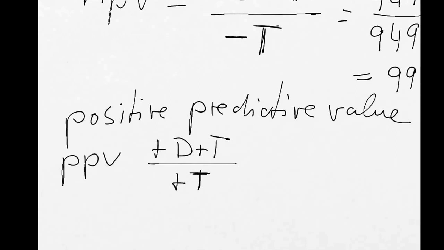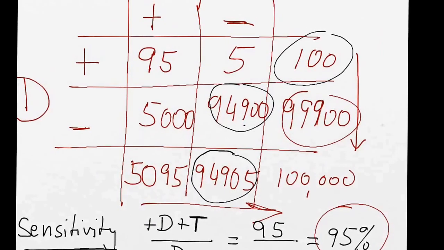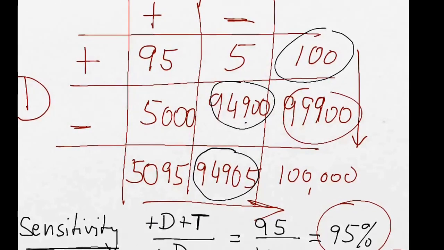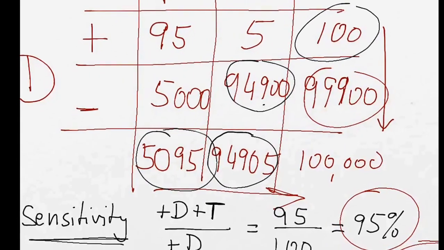Okay? So what was plus D plus T? What was the number for that? 95. What was the number who test positive? Let's go back. Those who test positive, that's these ones here, 5,095.